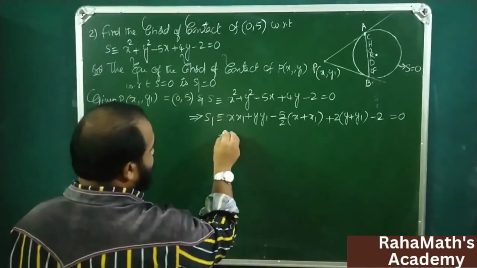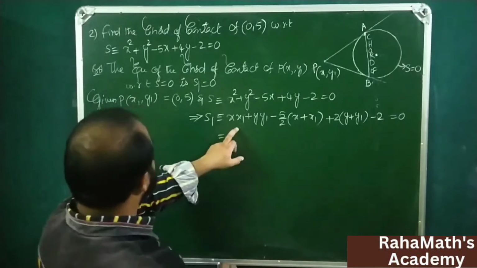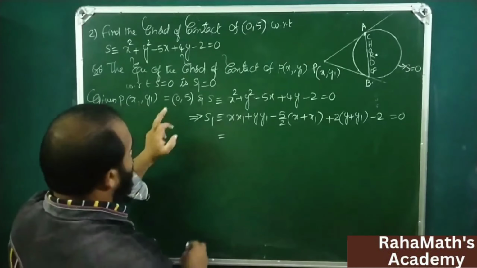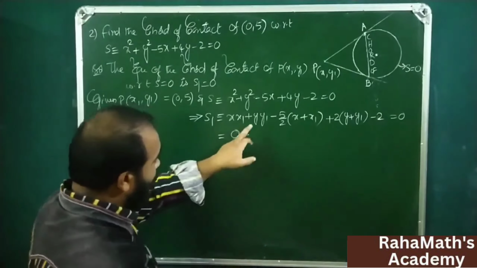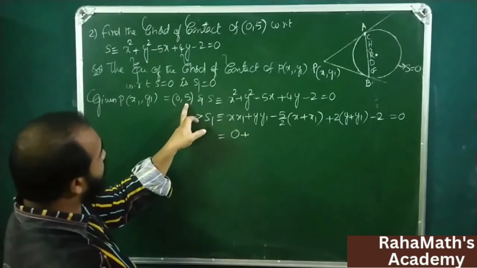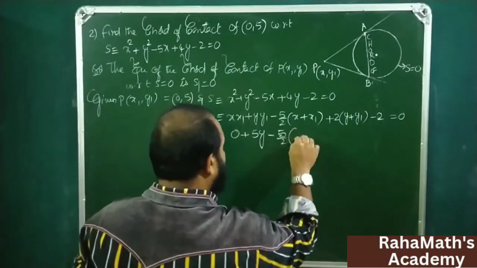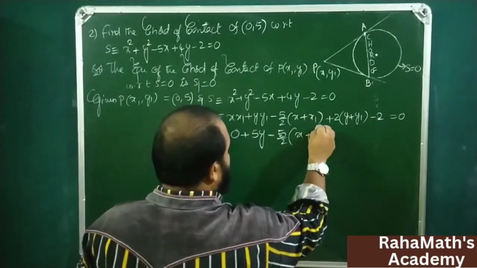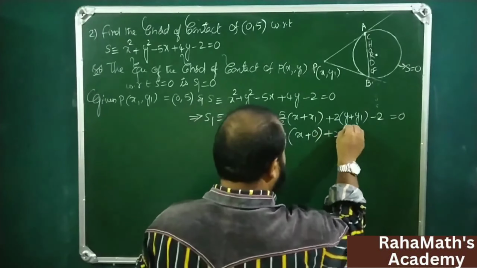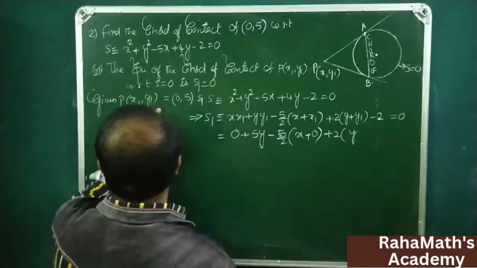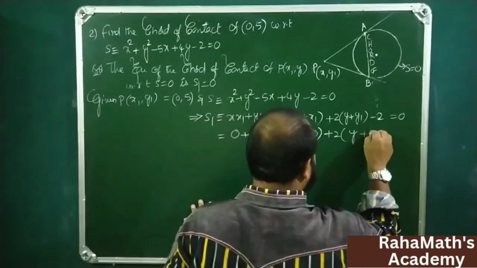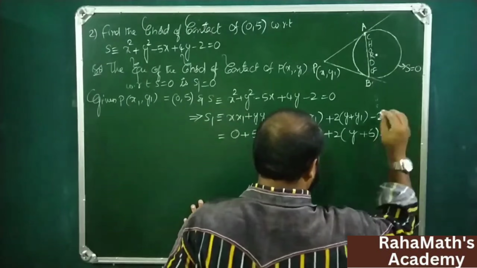That is equals to x1. So x into 0, 0 plus y into y1 value, which is 5. So 5y minus 5 by 2 into x plus x1 value is 0, plus 2 into y plus the value of y1 is 5, minus 2 equals to 0.